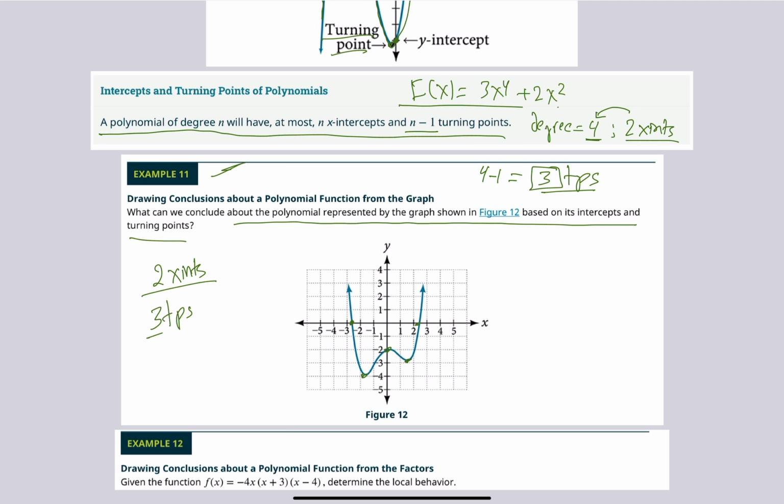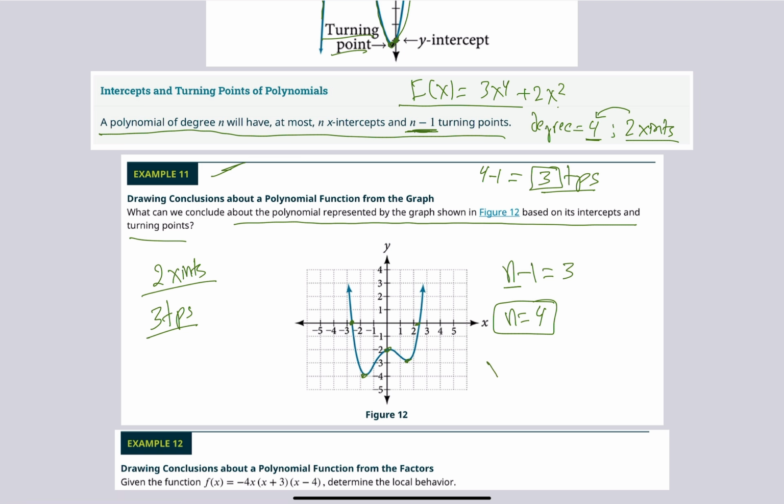And what are turning points equal to? It's n minus 1, right? So n minus 1 equals 3. Now what is n? n equals 3 plus 1, which is 4. Now n is the degree of this function, right? So n could be 4, or 5, or 6, and so on.